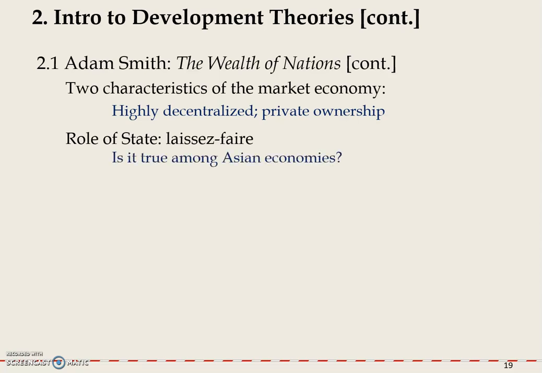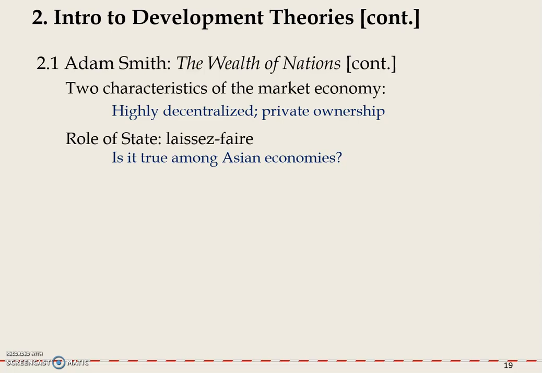However, we would like to raise this question for you to think about at this moment. Is that true among the Asian economies? Do you think the Asian economic miracle is partially because of their smaller governments?